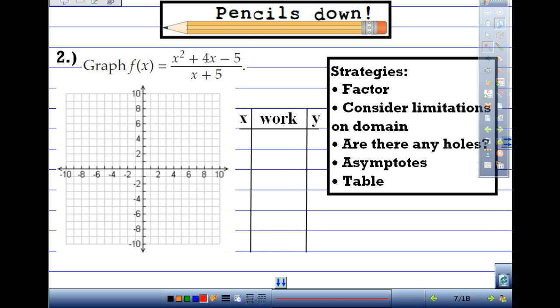Okay, one that's slightly different. When possible, factor. So what does the top factor to?